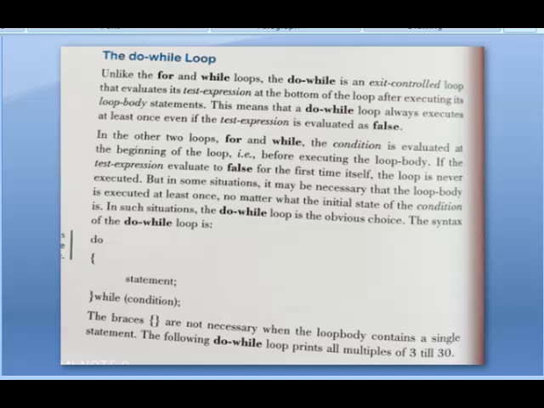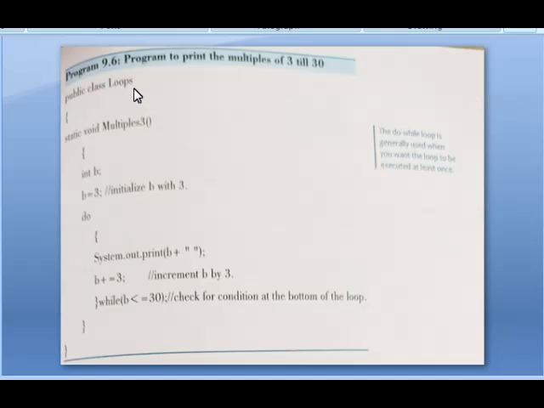Now the program using do while loop to print the multiples of 3 till 30. So first the initial value of b is 3. Do System.out.println(b). So here we are going to print the value of b. Then we increment the value of b by 3, that is 3 plus 3 is 6. Then it checks the condition.